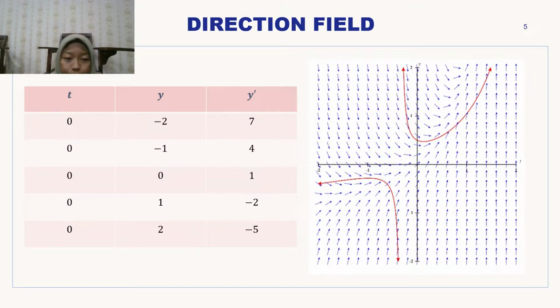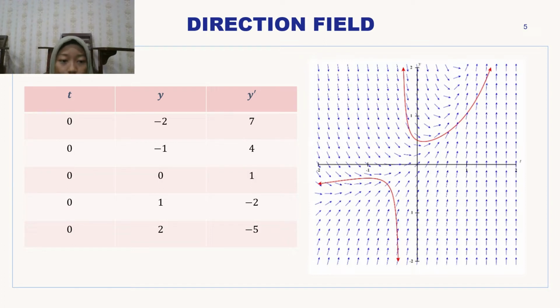So what is the function of the table? We can see it has a relation to the direction field. If we choose t equal to 0 and y equal to negative 1, y prime represents positive 4. So we can see on the right side that the direction field will be positive.